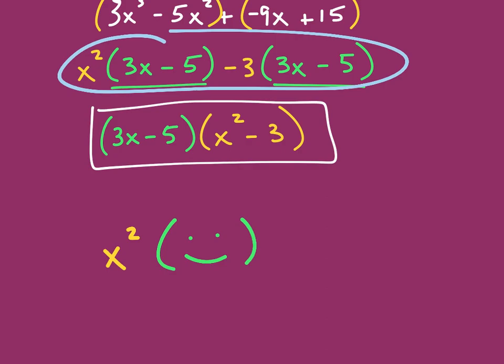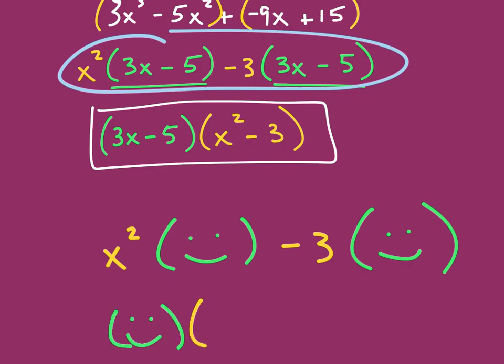I like to do that to help people see different things, using a smiley face as my variable. Now this is a whole term, same as over here. What can you factor out of each of these terms? You can factor out a smiley face, and then you're left with x squared minus 3.